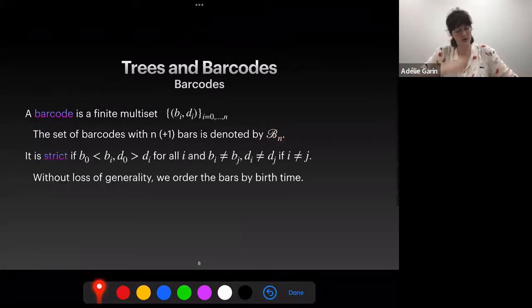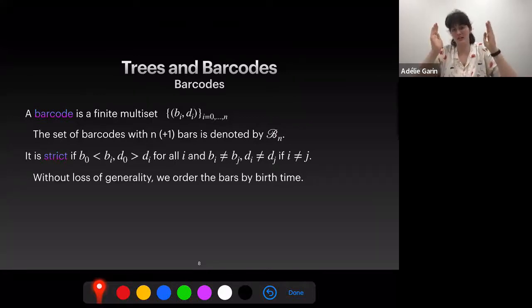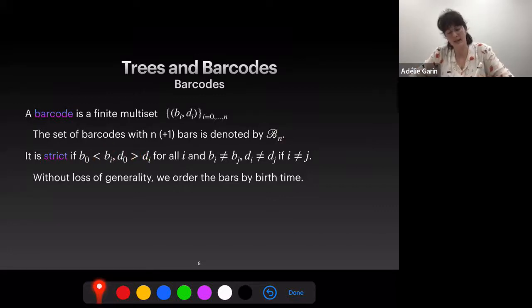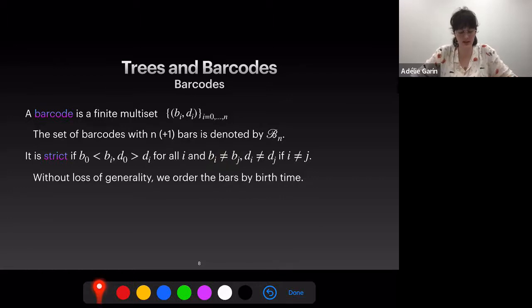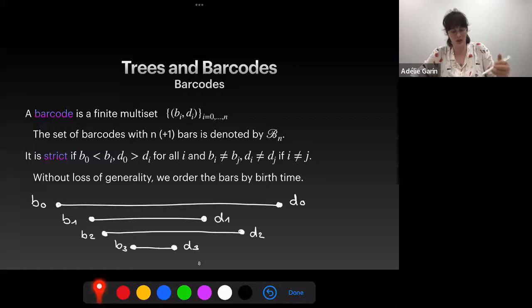And we call the barcode strict if the trunk, so the main branch or the largest bar basically, contains all the others, and if all the birth and death values are different. And because all the births are different, we can, without loss of generality, order the bars by birth time. So a barcode for me will look like this, with the birth ordered.